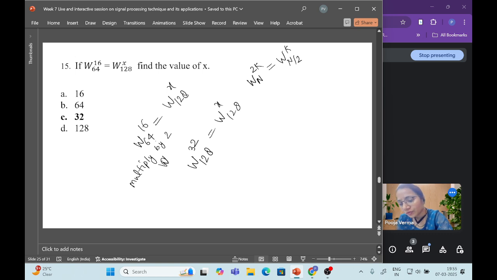So if you just compare it from here, you will directly calculate it, x is equal to 32. Okay, just we make this n equal. So from there we can just compare it. Okay, so you will get C. Option C is the correct answer for this question. Okay.